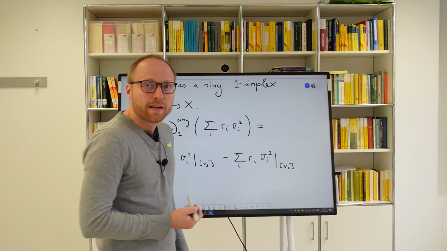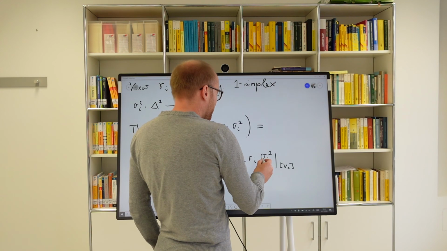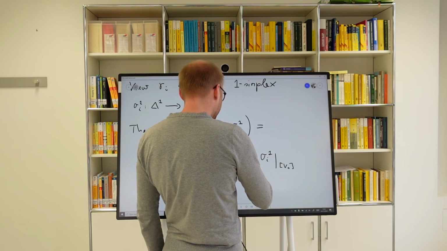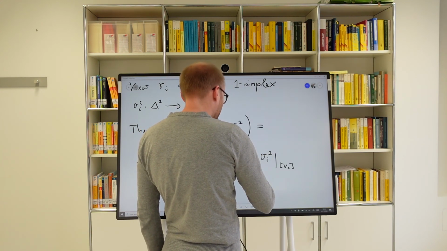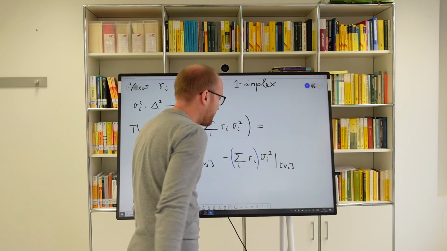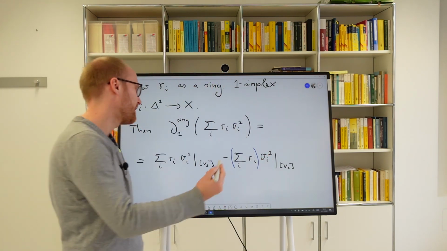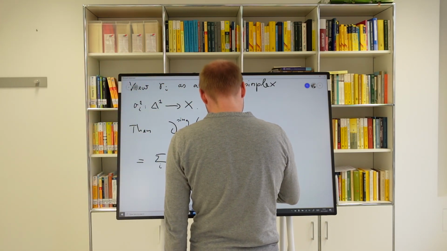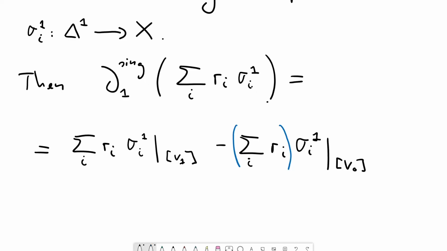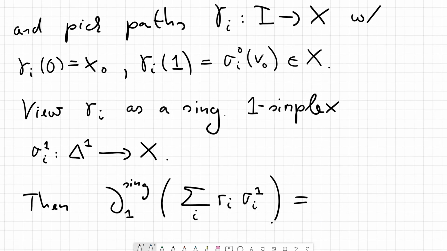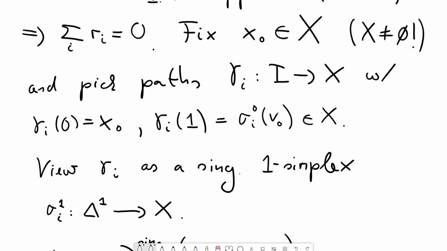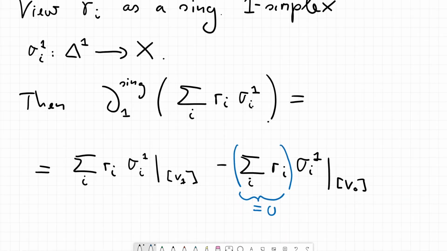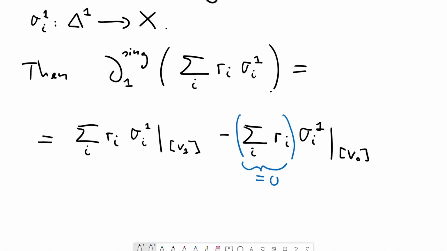In other words, I can just pull it out of the sum distributively, and therefore I can write this coefficient sum just in front of it, but this, by our assumption that the zero chain was from the kernel of epsilon, is just zero. So this was what we concluded up here, at this point. And therefore all that remains is the left summand here.